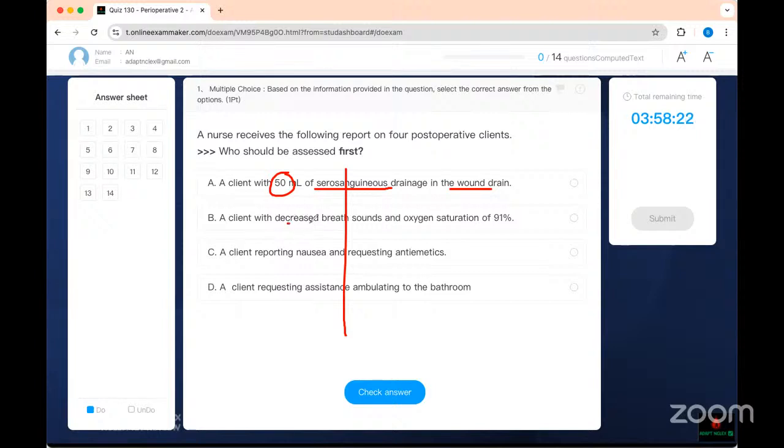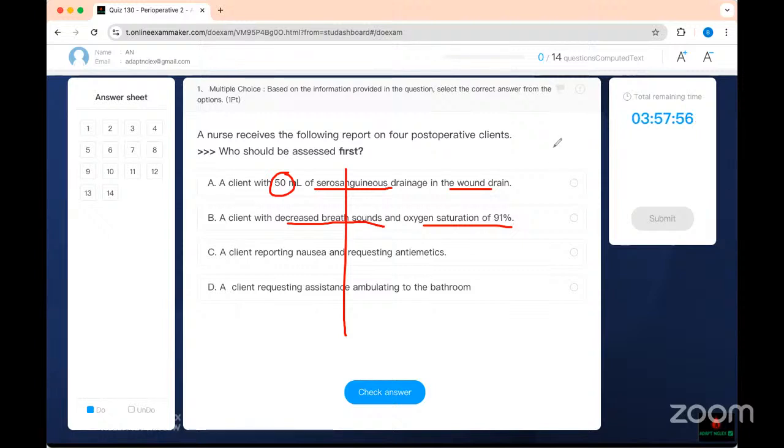The client with decreased breath sounds and oxygen saturation, I don't like it, right? Breath sounds decreased, saturation 91. I expect them to have atelectasis, but now this atelectasis is affecting the client's function, right? Sat 91 and the breath sound is decreased. If I want you to worry about atelectasis, I would say at the lung bases, watch for that.